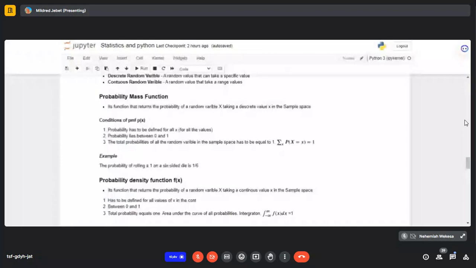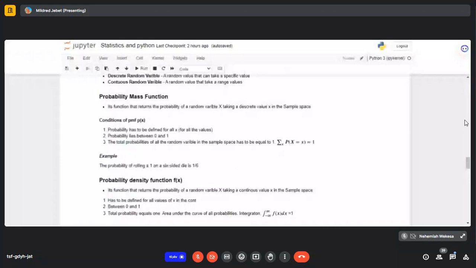All you have to know is, if you're dealing with a continuous variable, it has to be the probability density function. We have both for the discrete variable and for the continuous variable.